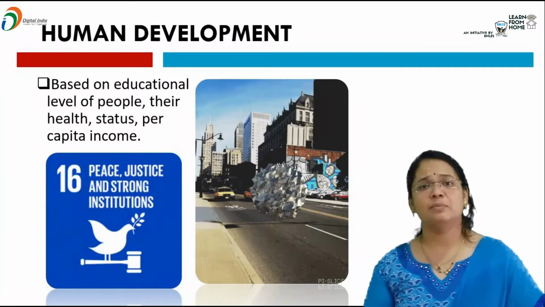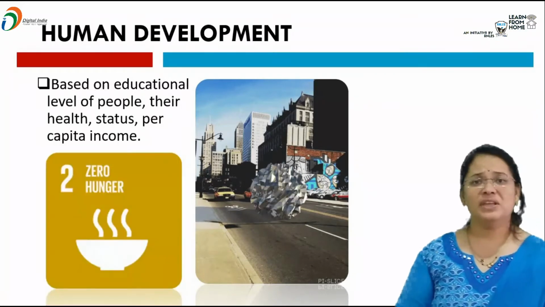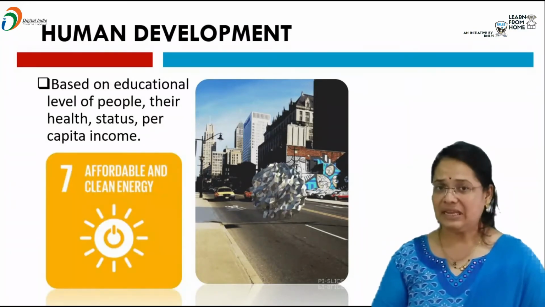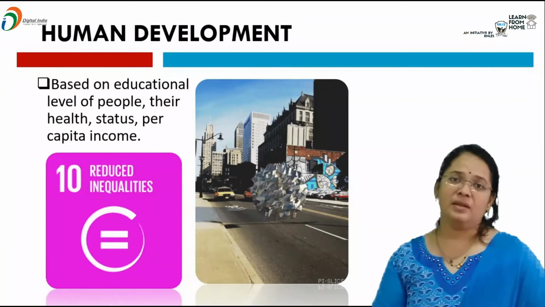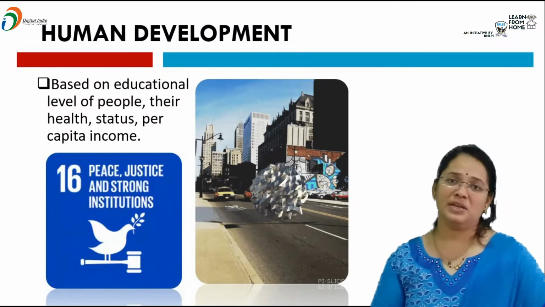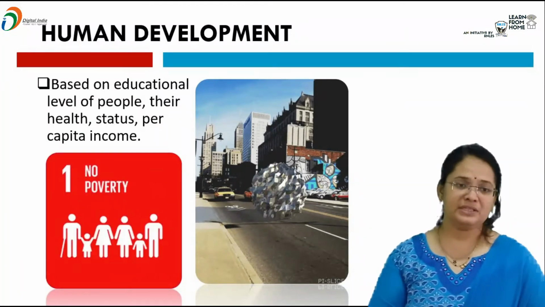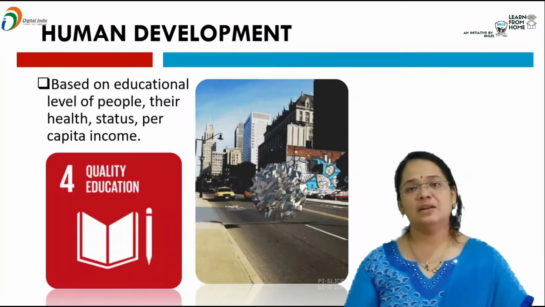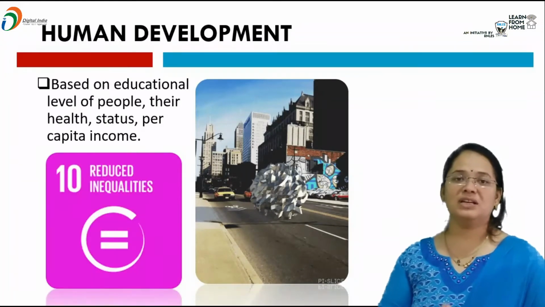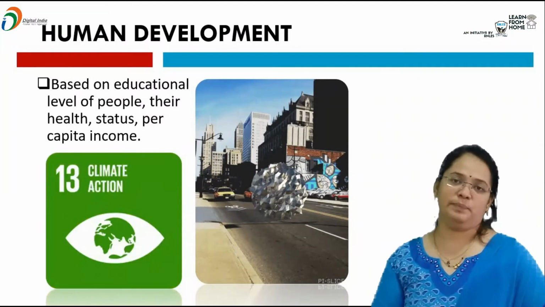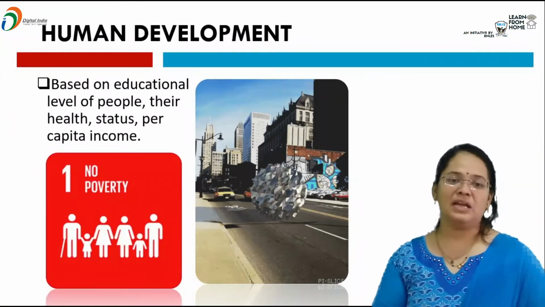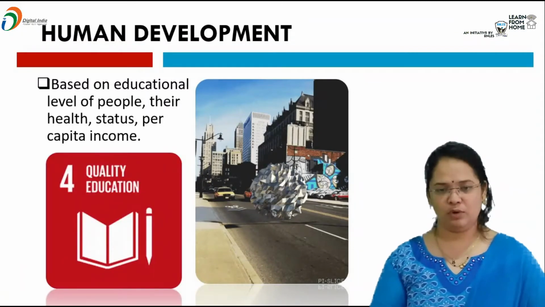Human beings are better skilled when they are getting better education, when they are getting health properly maintained by themselves and through the facilities provided by the government. And along with that, per capita income means income of a particular country relative to the population in that country. Everything is combined towards human development.